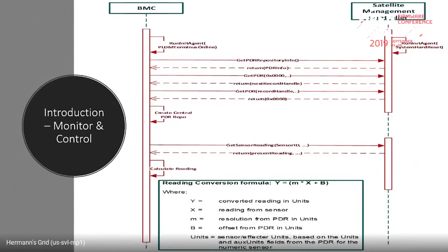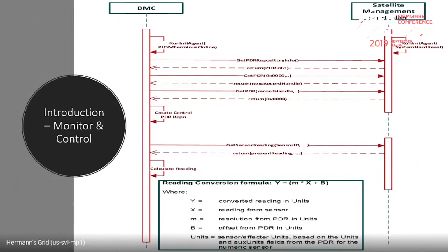And the BMC invokes a standard PLDM command called get PDR repository info. This basically queries the satellite management controller, give me the information about all the sensors which you have. This is the use case where the sensors are connected to the satellite management controller rather than on the board directly.